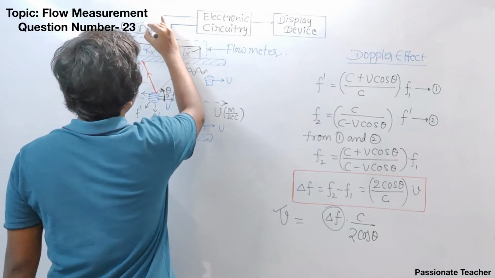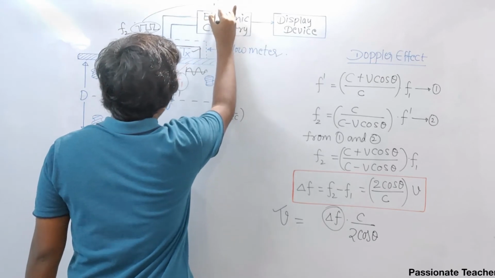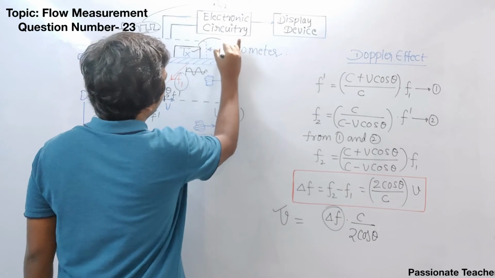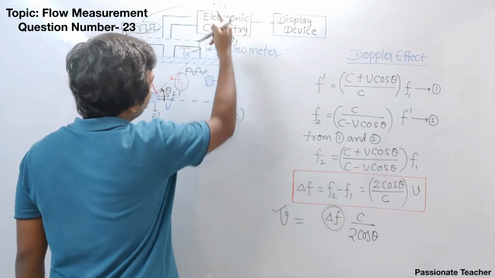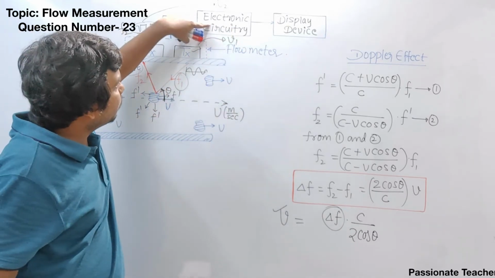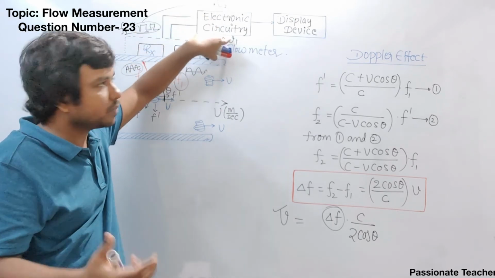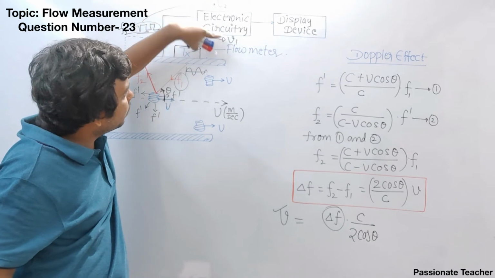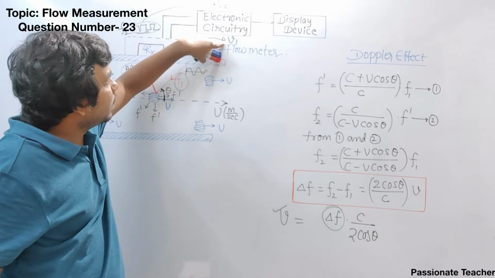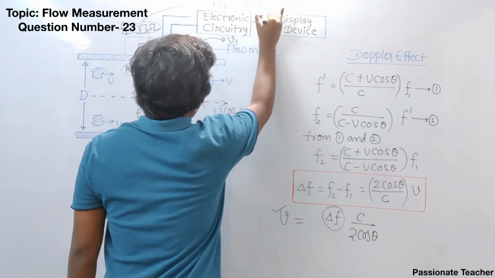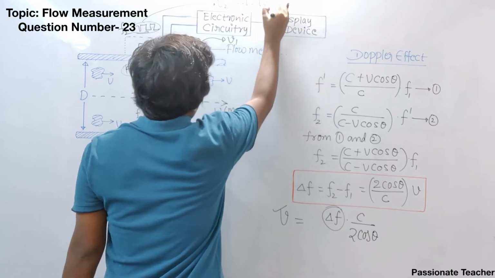This frequency will be converted into some voltage, let us say V2, and here the frequency will be converted into V1. Now in the electronic circuitry, we will take the difference between V2 and V1 by using an operational amplifier subtractor. Once we take the difference, we will find delta V, which is equal to V2 minus V1.